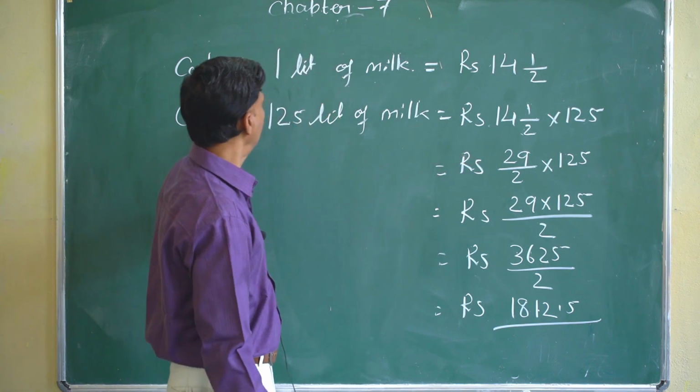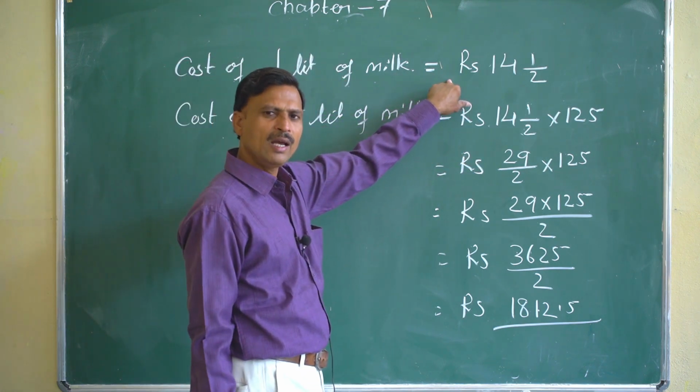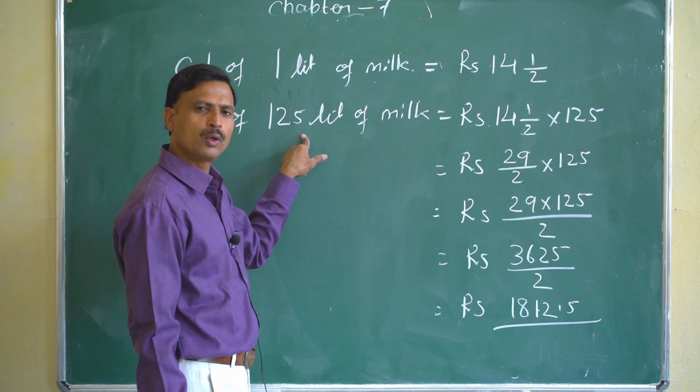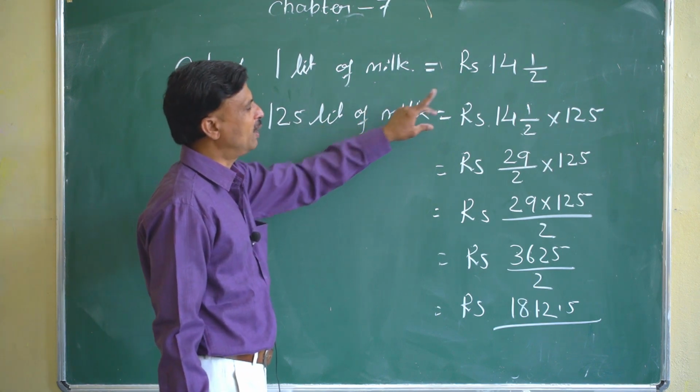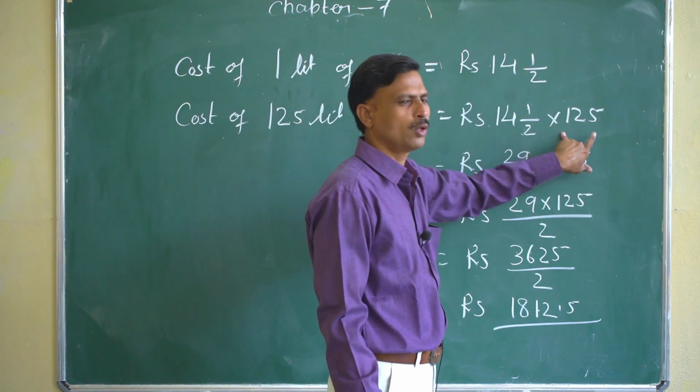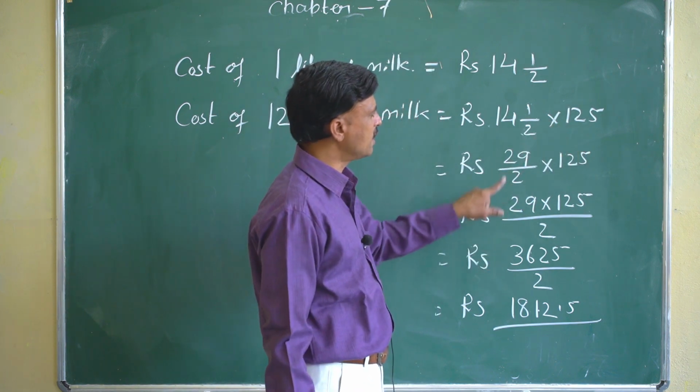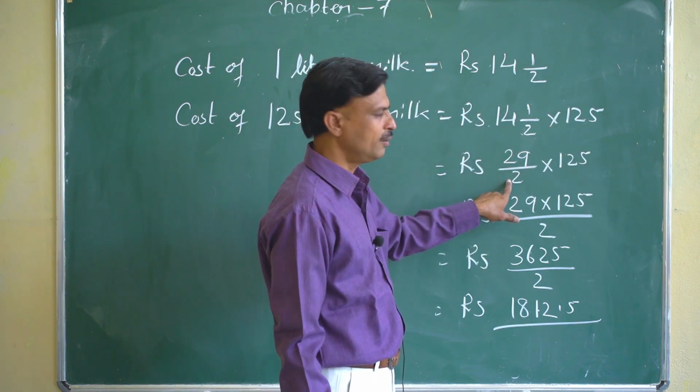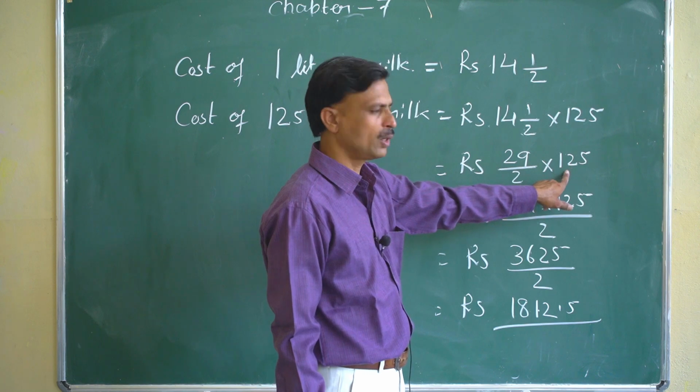Since the cost of 1 liter of milk was given and we have to find the cost of 125 liters of milk, we have to multiply this fractional value by 125. Then the same process as you know: convert this into an improper fraction and multiply by 125.